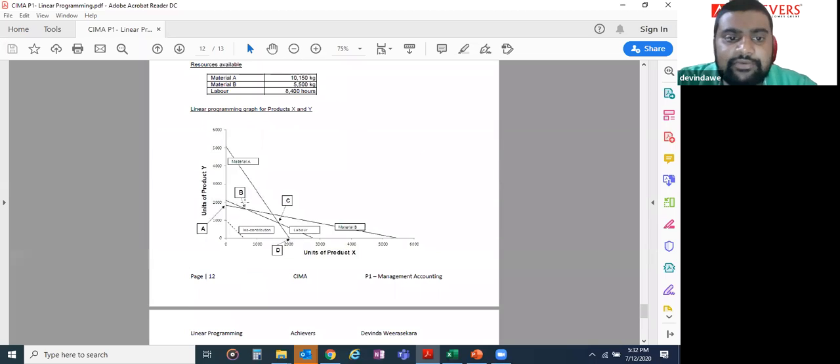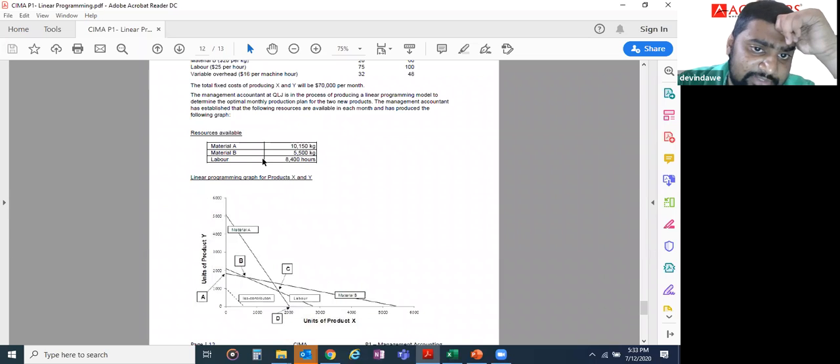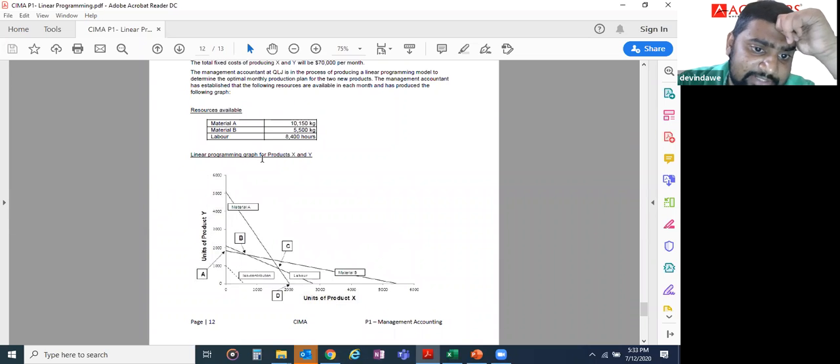So the first thing I want you all to do is, guys, now they have given everything. They have given the graph, feasible region, and the ISO contribution line. So this is a possible exam question. Like this graph is given, you have to interpret. So what I want you all to do is, guys, now using the ISO contribution line, find the optimum production point, right?